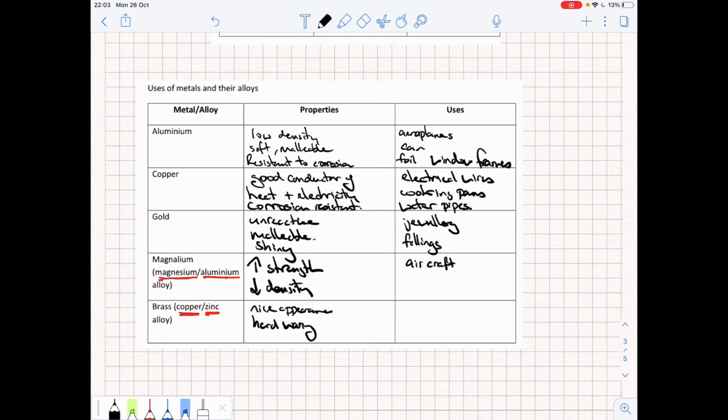And therefore what we do with this is it tends to be things that are decorative. So if you look around your house, I'm sure that you have fixtures in your house, kind of door handles, that are made from brass. Just because it looks nice, it's going to be hard wearing, and that's how we use the alloy.